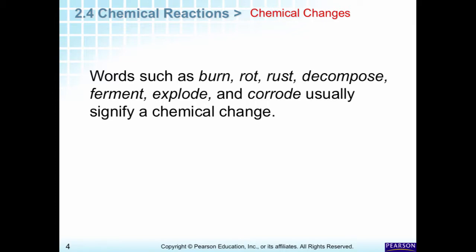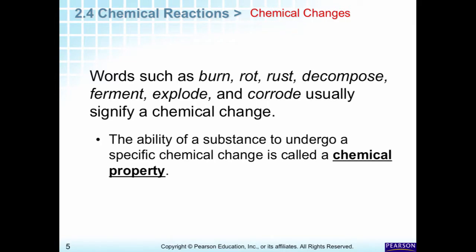If something burns or rots or rusts or decomposes or ferments or explodes or corrodes, these words signify that a chemical change has occurred. So the ability of a substance to undergo a specific chemical change is called a chemical property.